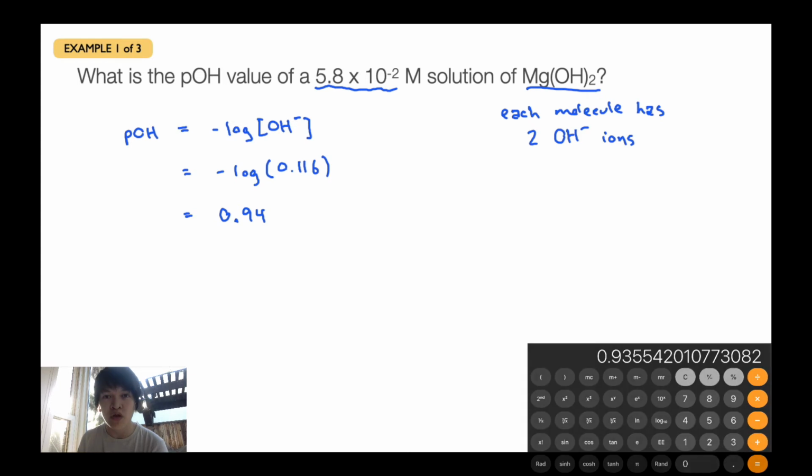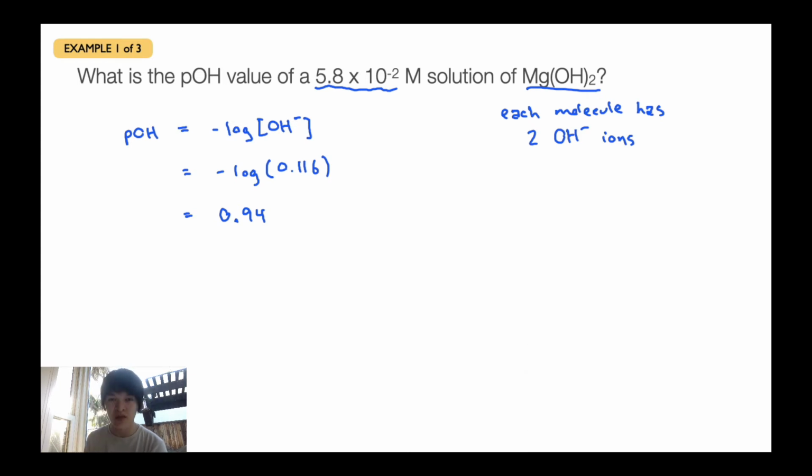If you wanted to know the pH, it's actually really simple. I'm going to just do a side note for this. So, side note. Here's a side note. We should already know that pH plus pOH is equal to 14.